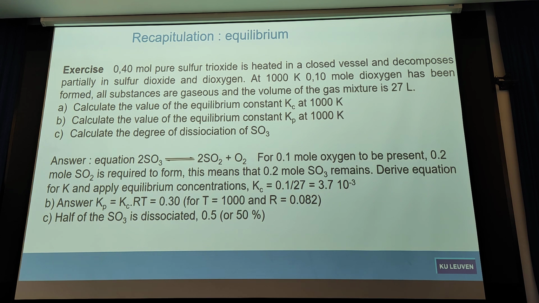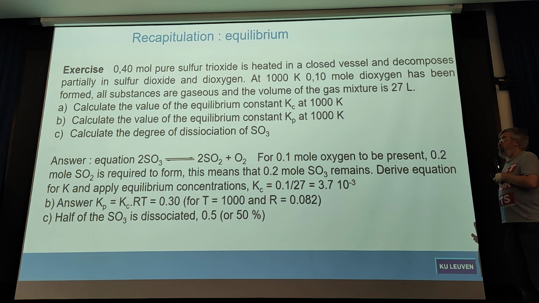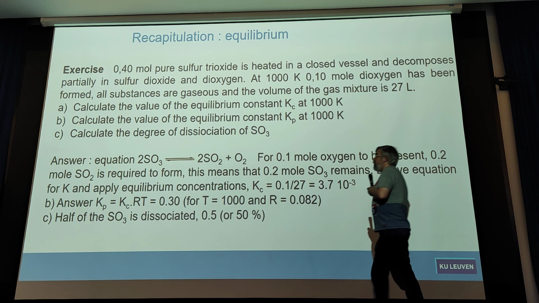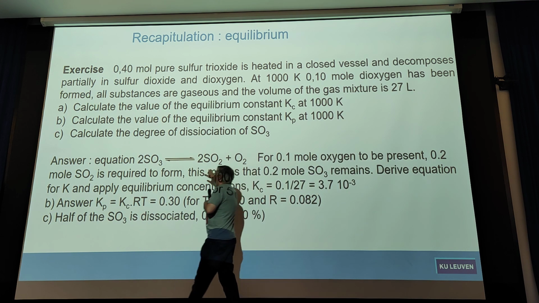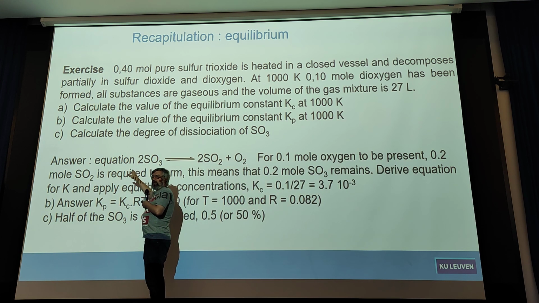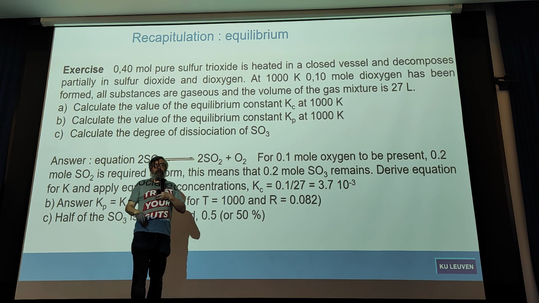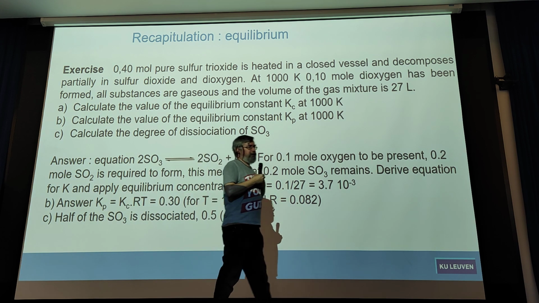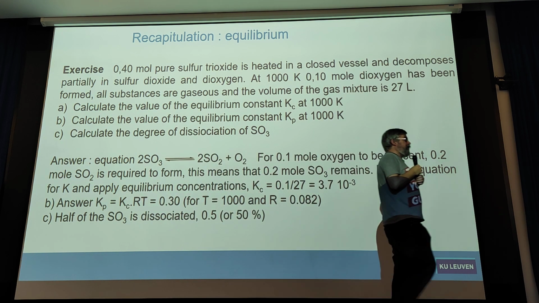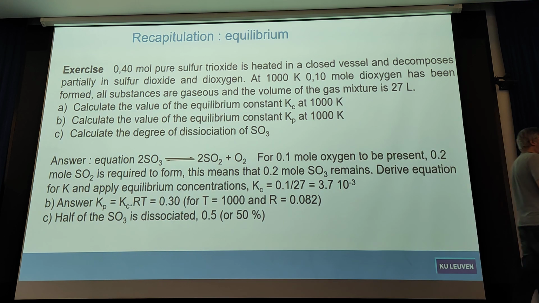This automatically means we will have the double amount of SO2, meaning 0.2 moles. And these 0.2 moles actually have to come out of the SO3. We started with 0.4 moles SO3, so that means there's actually 0.2 moles left of SO3.